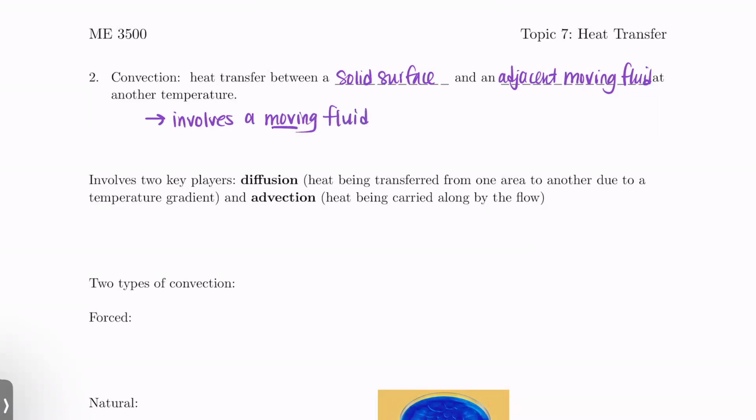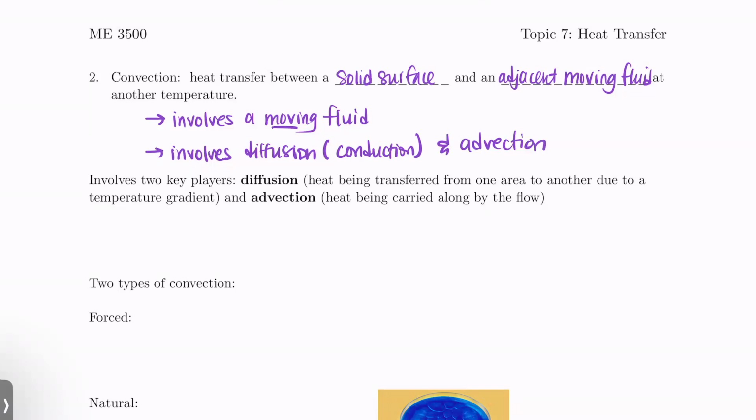And it essentially bundles up the heat transfer that arises from the fluid moving, as well as the heat transfer that happens because heat just flows through a material. So this involves diffusion, which is just another way of saying conduction, and advection.